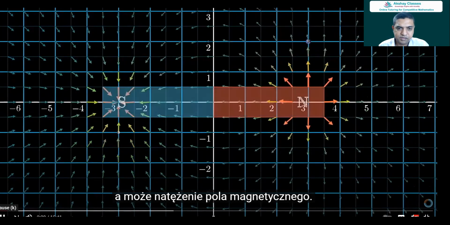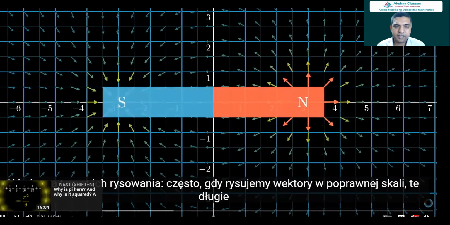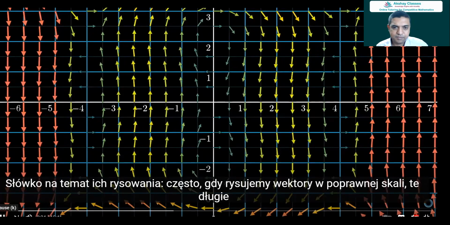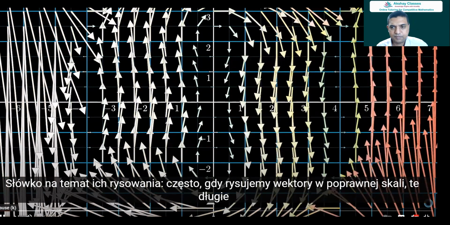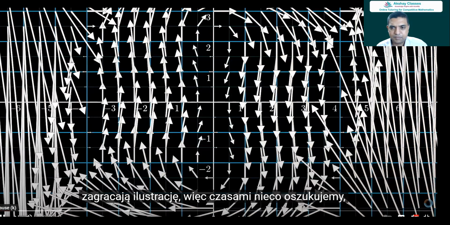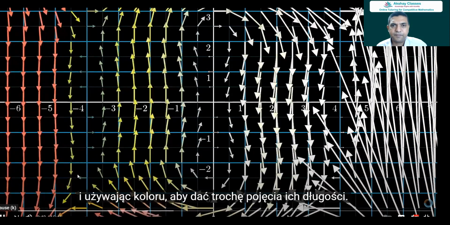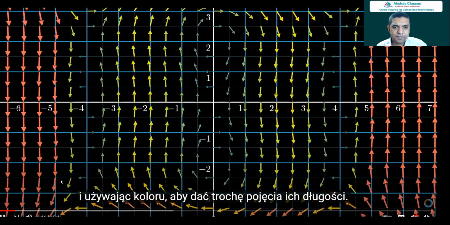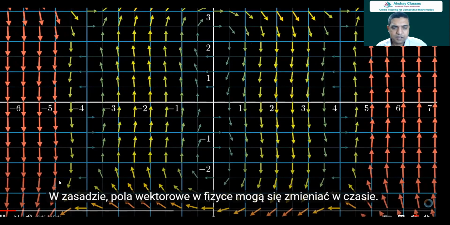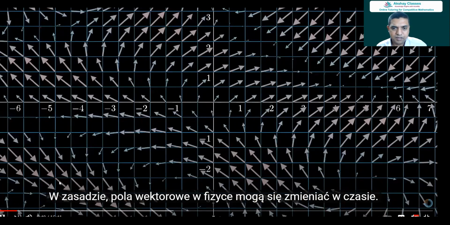Magnetic field strength. Quick note on drawing these, often if you were to draw the vectors to scale, the longer ones end up just cluttering up the whole thing. So it's common to basically lie a little and artificially shorten ones that are too long, maybe using color to give some vague sense of length. Now in principle, vector fields in physics might change over time.